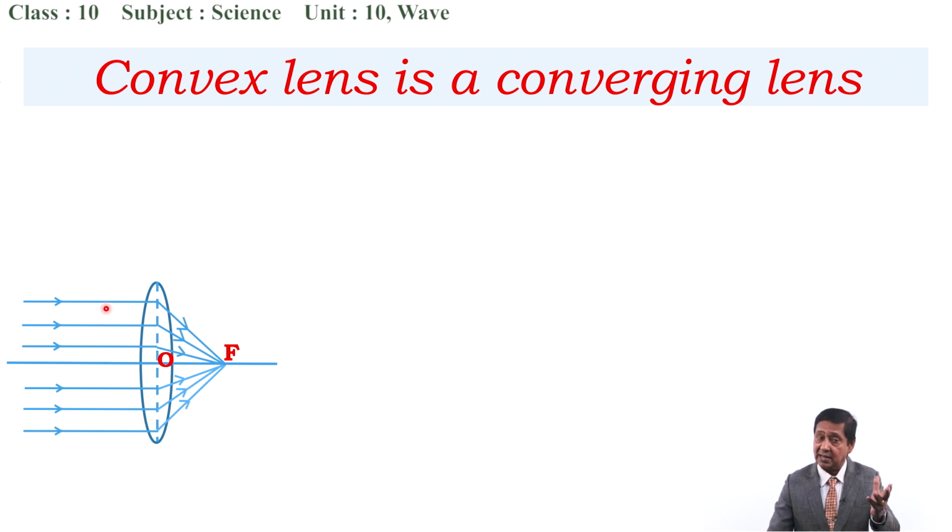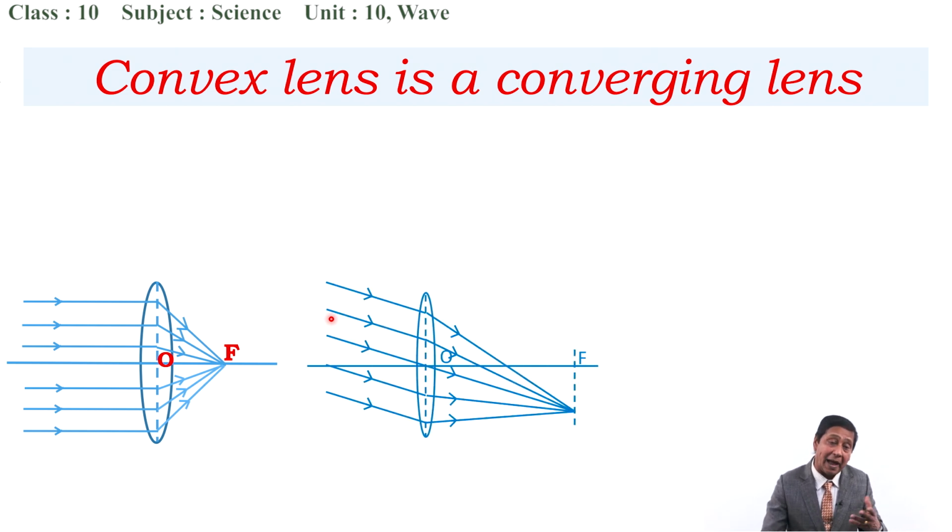Not only rays of light parallel to the principal axis: if rays of light coming parallel to each other pass through the convex lens, then after refraction they converge at a point, not at the focus but some other point. But they converge at a point, whether they are parallel to the principal axis or not. It doesn't make any difference. The rays of light which fall on the surface of a convex lens converge at a point after refraction. That's why the convex lens is called a converging lens.